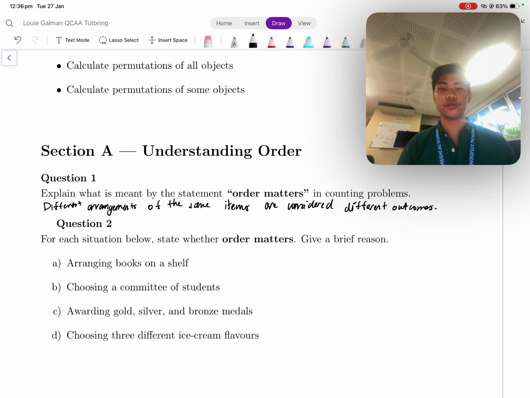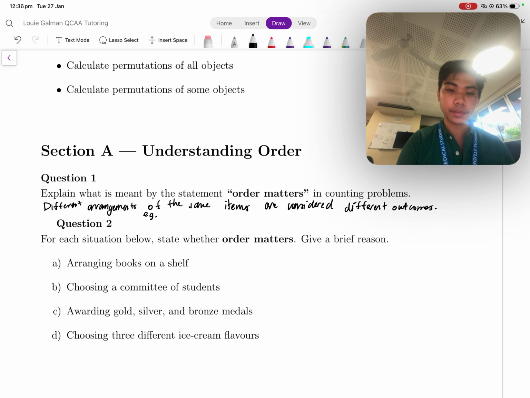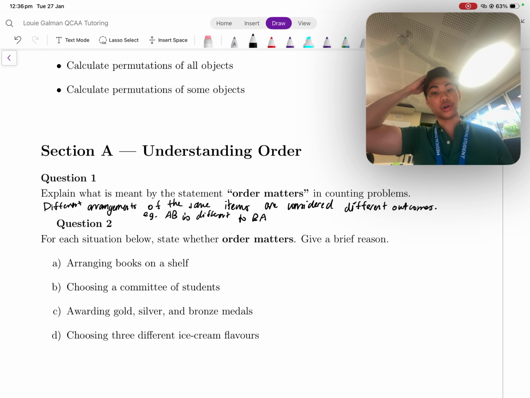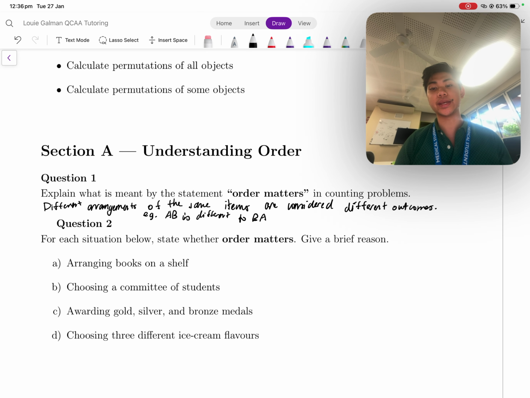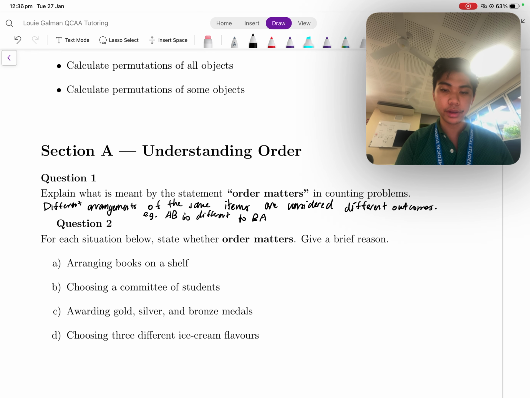So for example, AB is different to BA. If we place A and then B, that is a different outcome to placing B and then A. So that's where order matters.